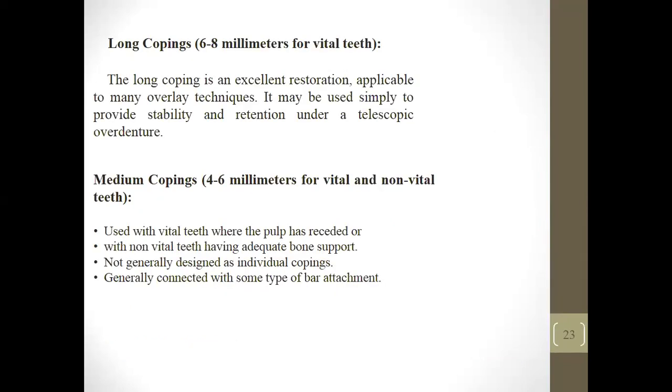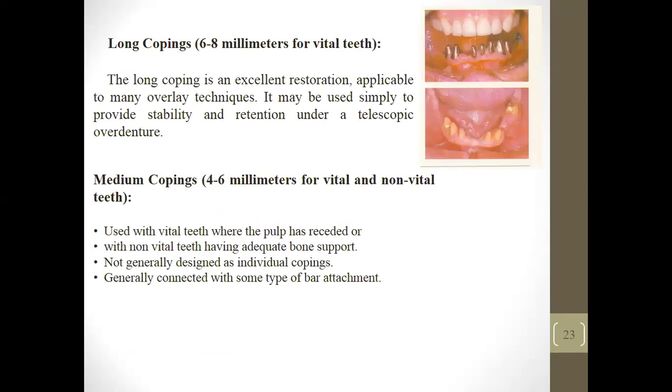So we see the long and medium copings. As you see here, the longer copings look like telescopes, right? When you attach these long copings on the tooth and fabricate a denture on top of that, it remains as something called telescopes.